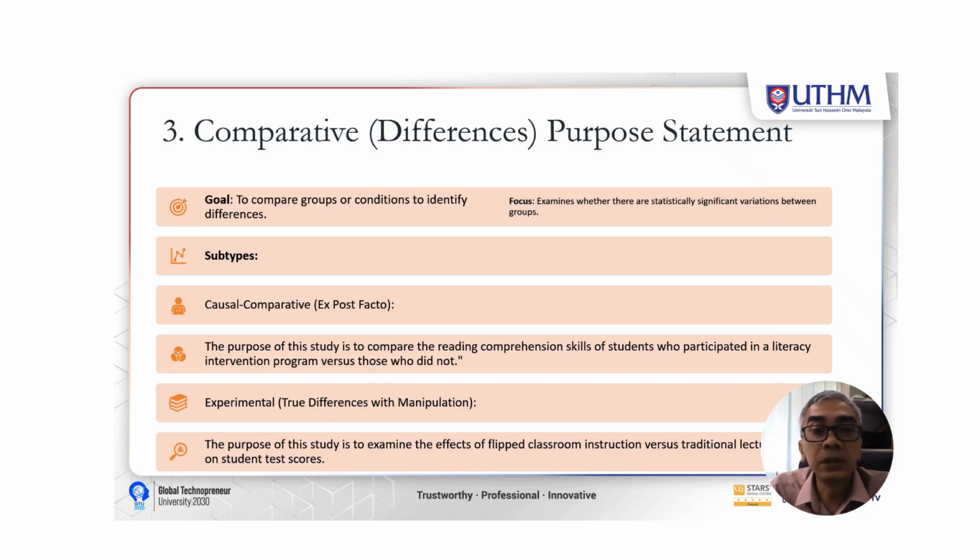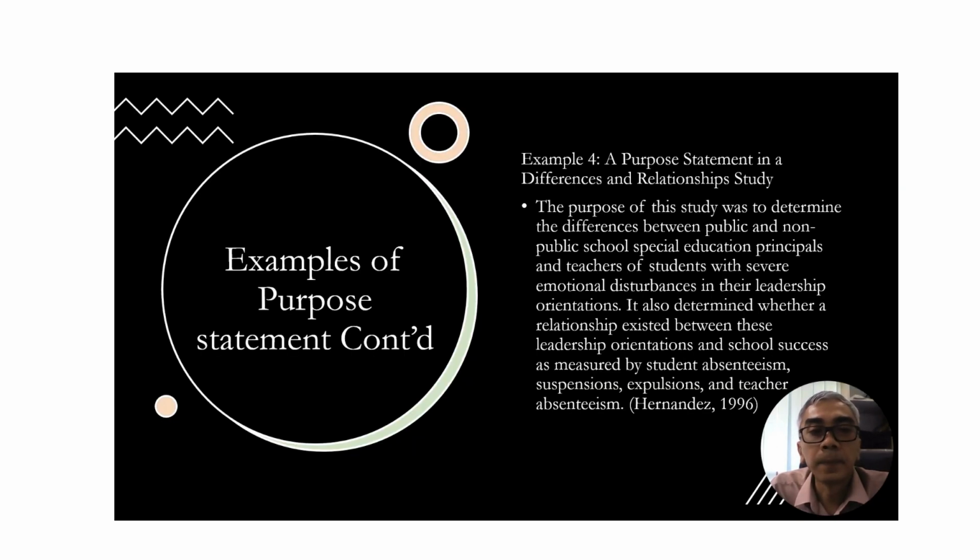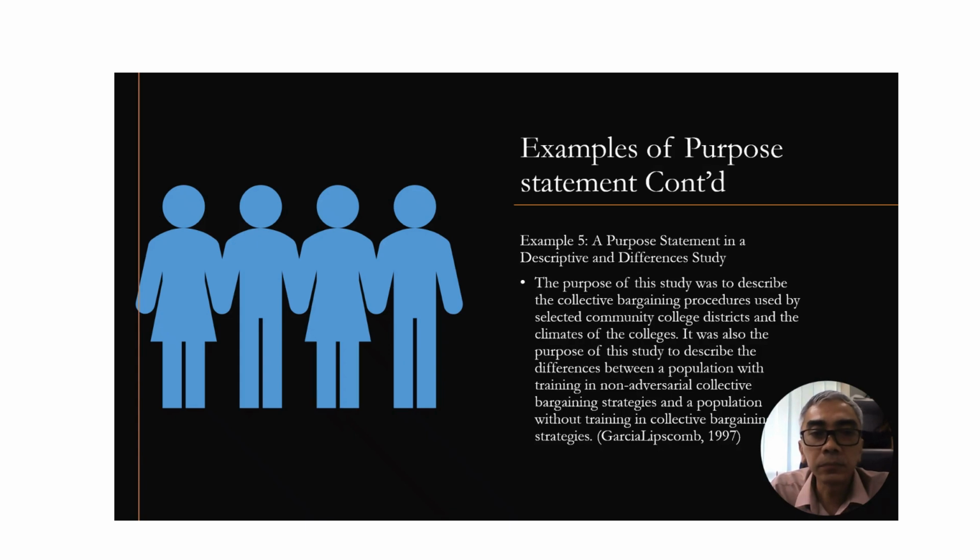The purpose of the study is to examine the effect of flipped classroom instruction versus traditional text on student score. More advanced study combined. So this also some more examples that you can reflect or maybe use as a guideline for writing your purpose statement. Again, this is another example that I also provide in this slide for you to refer.